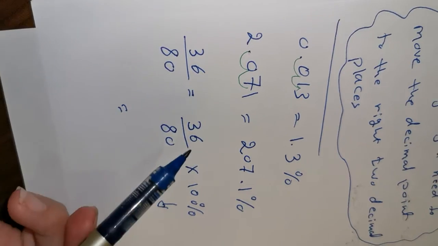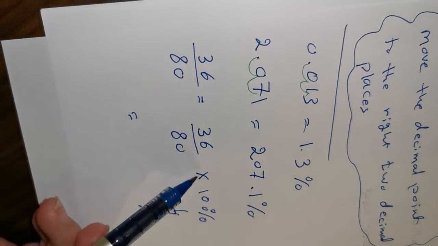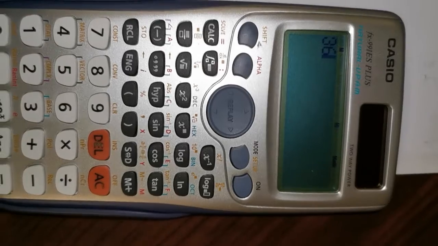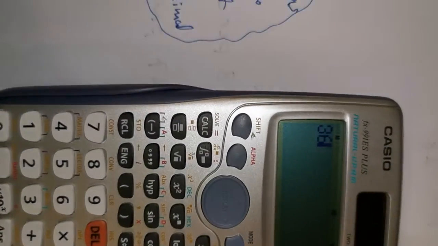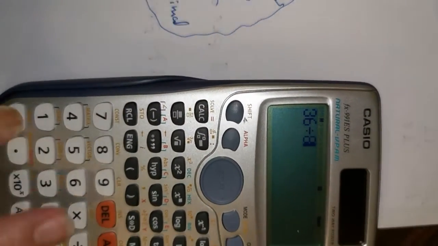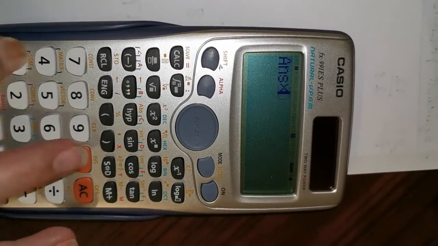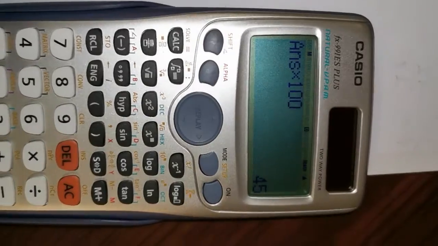You need to divide 36 by 80 times 100. So 36 divided by 80 times 100, which is equal to 45%.